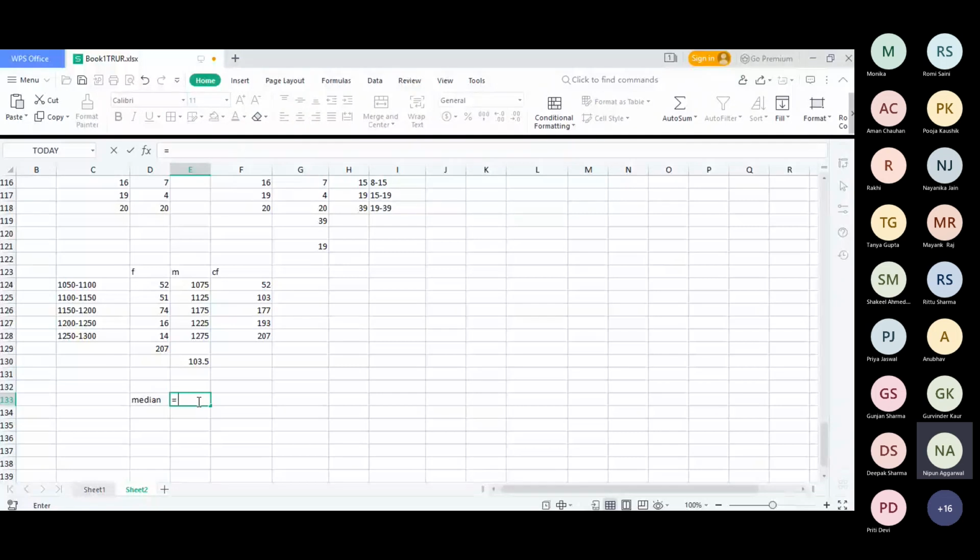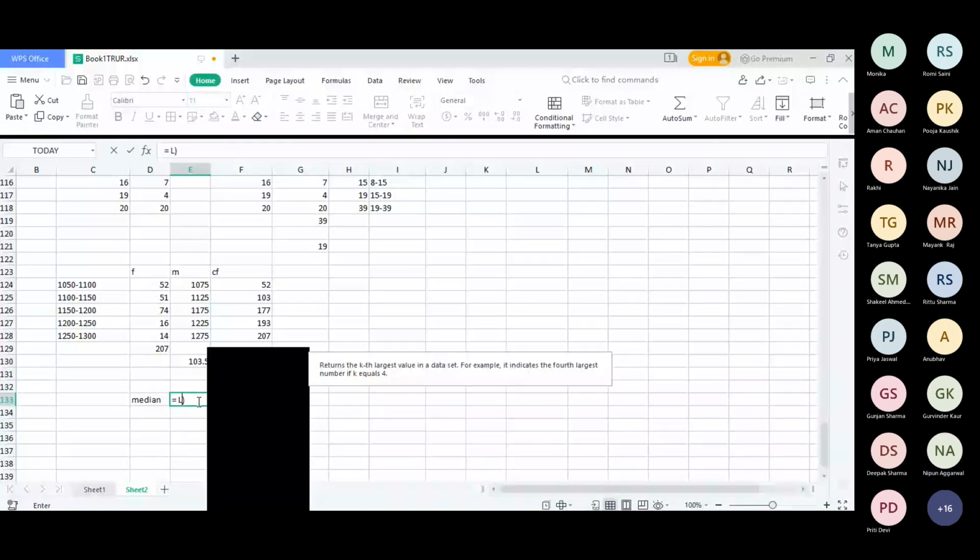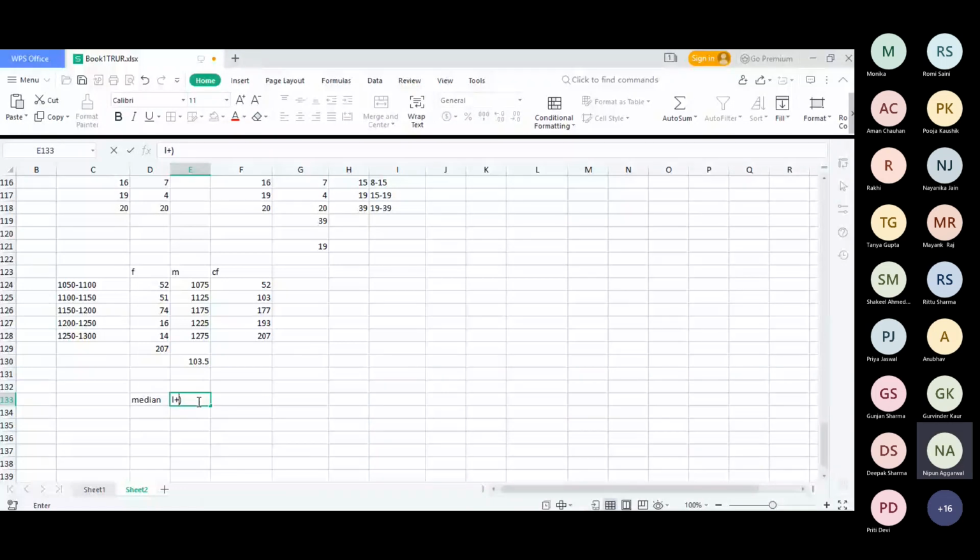Write down the formula first and then we will discuss. Median is equal to L plus, n by 2 minus CF, divided by F, and whole multiplied by I. This is the formula for the median, where L is the lower class limit of the median class.